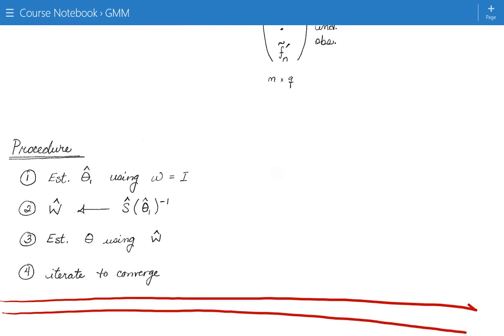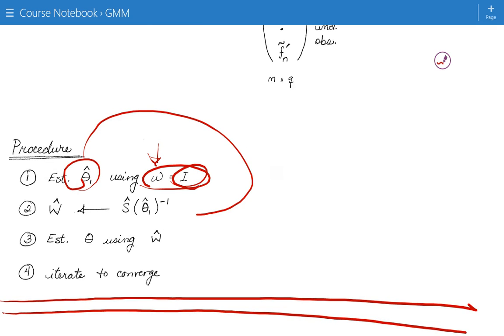So what you do is you estimate theta hat first using W equal to the identity matrix. Remember, all you need for a consistent estimate of the generalized method of moments estimator is a positive definite W. Well, the identity matrix is positive definite. So you can estimate theta hat, and based on theta hat, you can calculate the S above, and therefore get a new weight matrix.